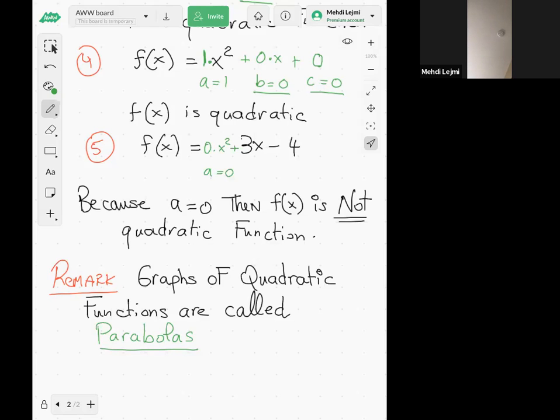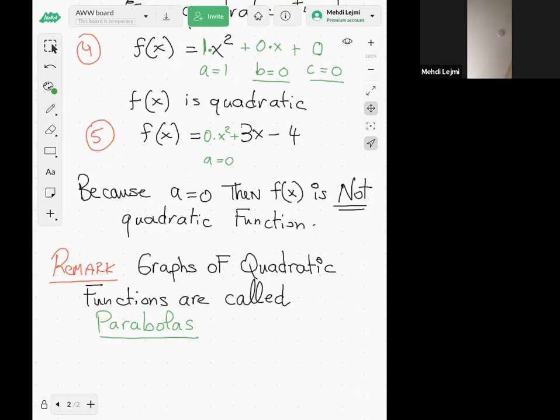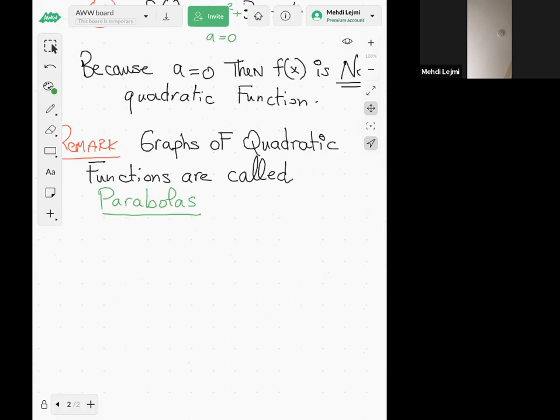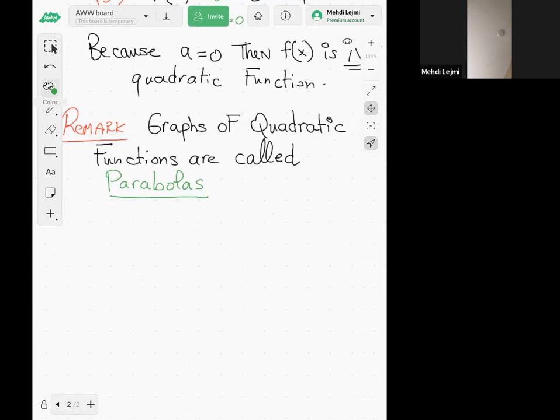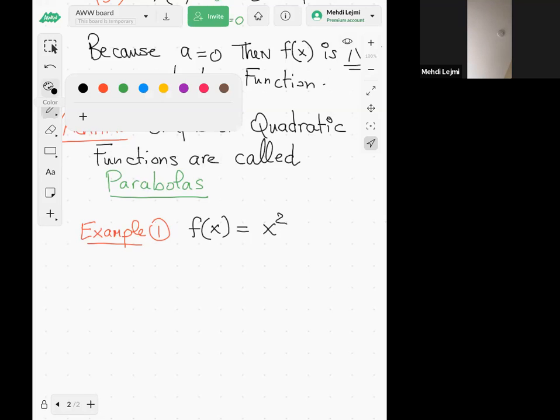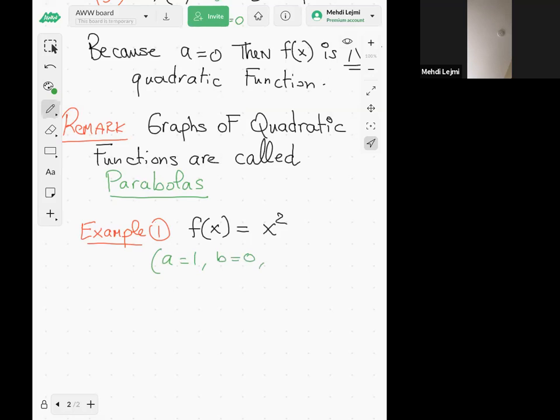Let's take a very basic example of a quadratic function and graph it. Example 1, let's just take x squared, our favorite function. x squared means your a is 1, which is good, b is 0, there is no x, and the constant is 0.